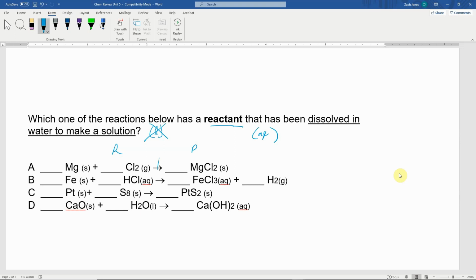So we're looking for something, there it is, the HCl was dissolved in water. Because you remember HCl is a gas when it's pure. If you dissolve it in water, then you would write aq. The only things that are liquids have to be pure liquids. They can't be dissolved in something, right? Okay, on to the next one. Oh, by the way, so B was the correct answer there.